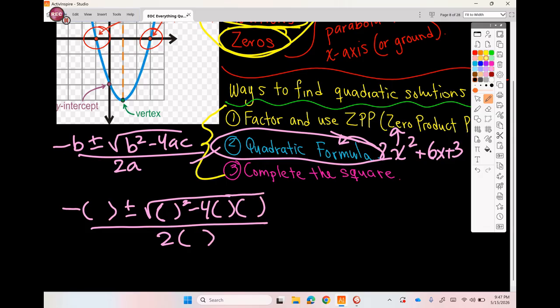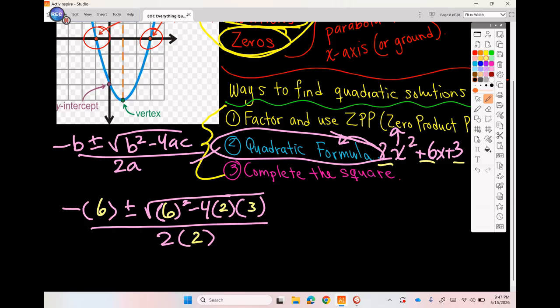My A, B, and C go where you see A, B, and C. So in this equation, for example, A is 2, B is 6, C is 3. The first numbers here are B's. Let's put the 6 in there and there. Your A values go next. 2 here, 2 on the bottom, that's where the A is. And C is always the last number in the radical, which is 3.